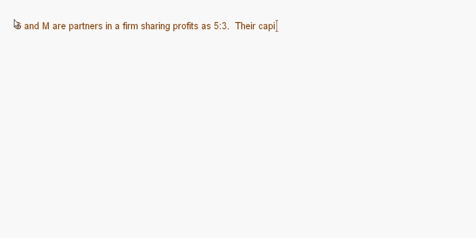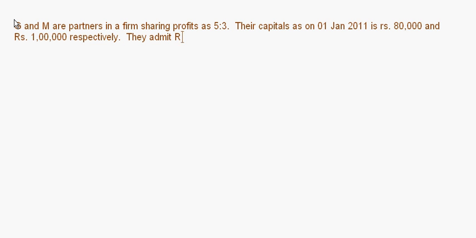Their capitals as on 1st January 2011 are rupees 80,000 and rupees 1 lakh respectively. Now they admit R as a new partner for 1/4 share, and he brings rupees 1 lakh as his capital.